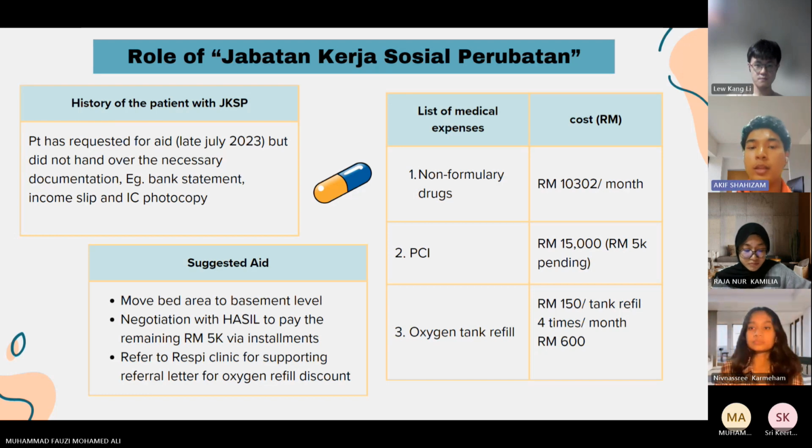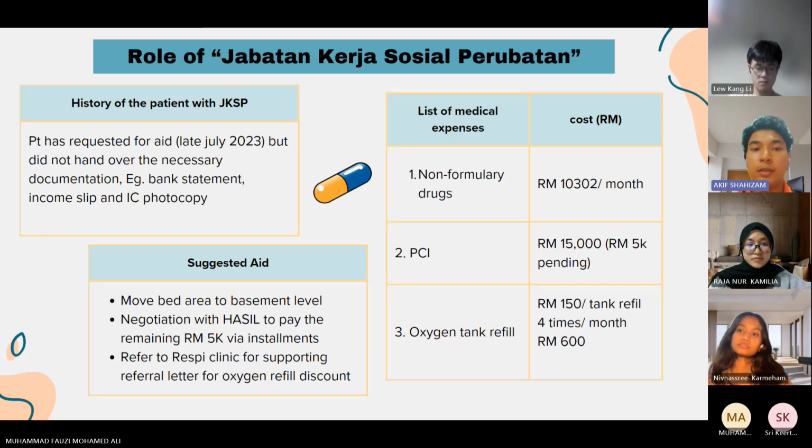What we learn from Encik Rosaini is that we can only suggest to the patient to move the bed area from the ground level to the basement level, since the toilet is at the basement level. Also, he suggested that if the patient were to follow through with the procedure, he would negotiate with Hasil to pay the remaining RM 5K via instalment.